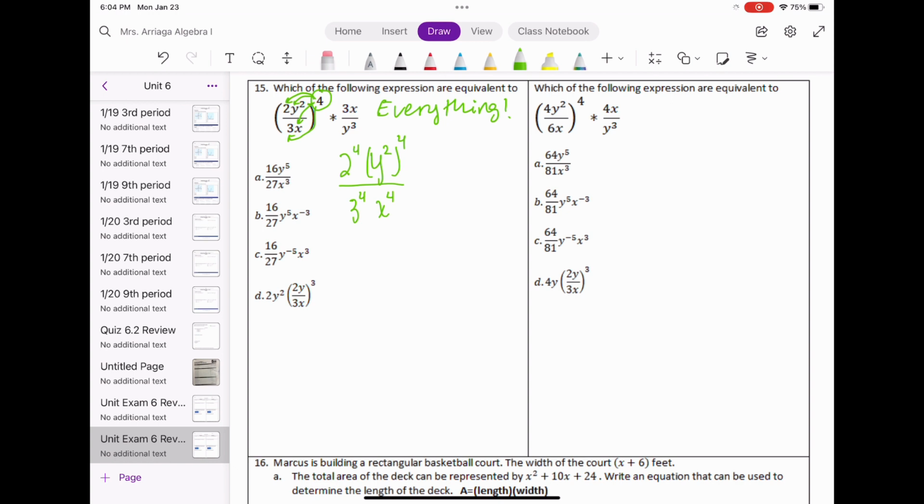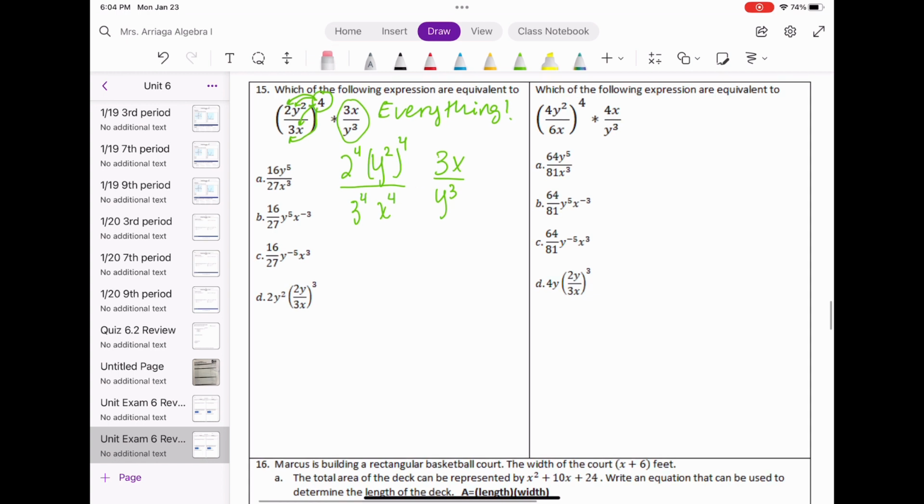Okay, now that everything has the 4, now let's just bring the other term down. Since the two terms are being multiplied, I can just combine them all into one division.